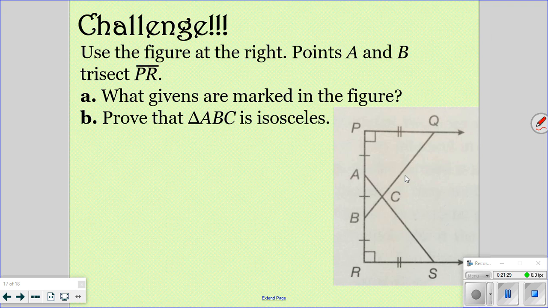So the givens are that PA is equal to AB, which is equal to BR. It also tells you that P, A, B, and R are collinear.